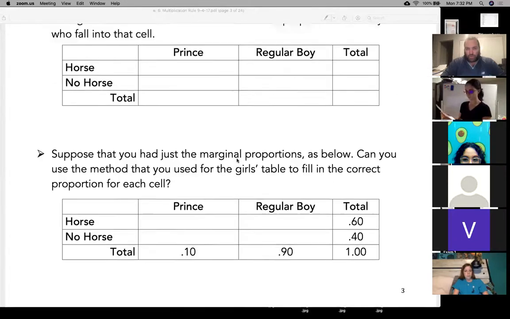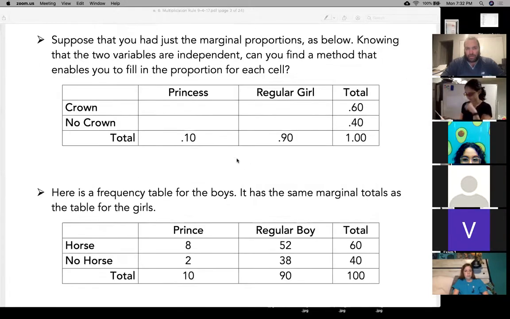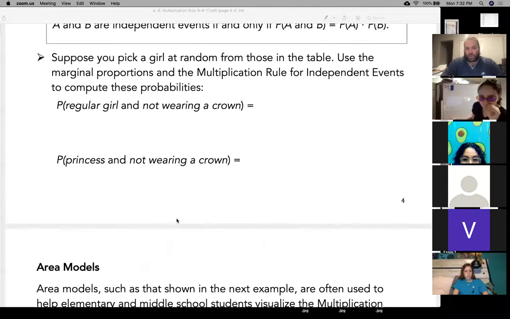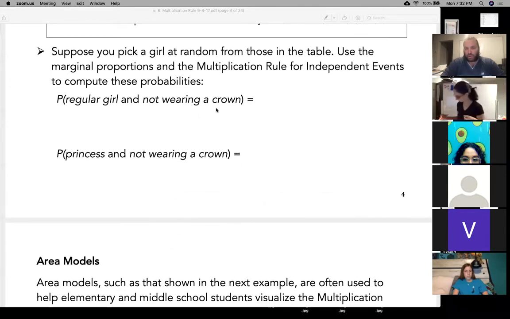So if I go up to regular girl, that's 90%, correct? Mm-hmm. Not wearing a crown is 40%, 0.90 and 0.40. So because they're independent, what is the probability of a regular girl not wearing a crown? 0.36.